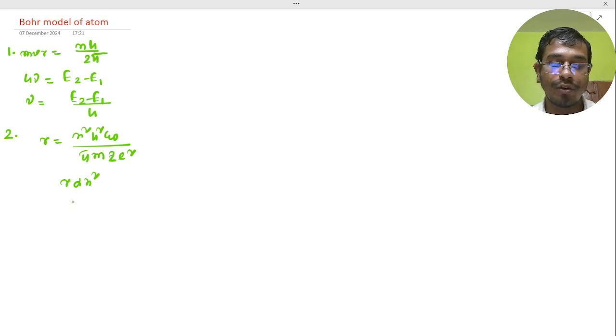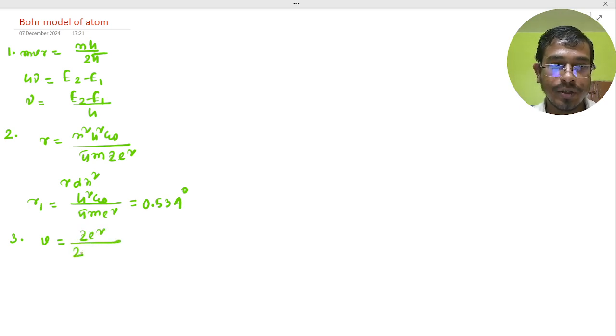For hydrogen atom, z is equal to 1 and n equal to 1, so r1 is h square epsilon naught by pi m e square, and its numeric value is 0.53 Angstrom. The expression for speed of electron in the nth orbit is v equal to z e square divided by 2h epsilon naught n, so v is proportional to 1 by n.